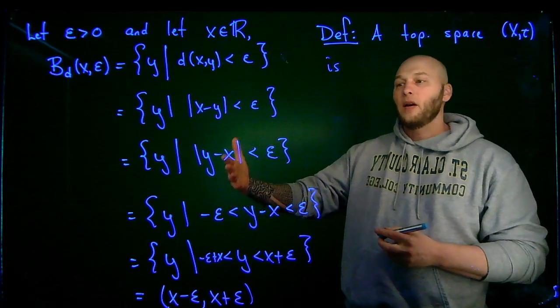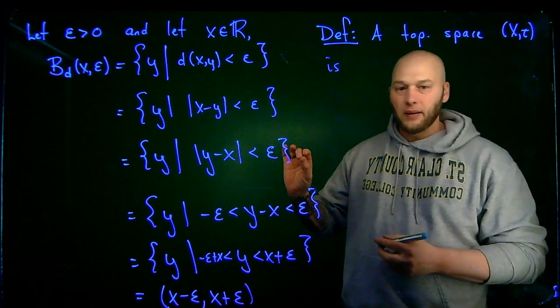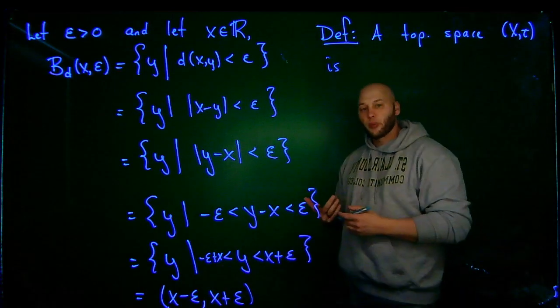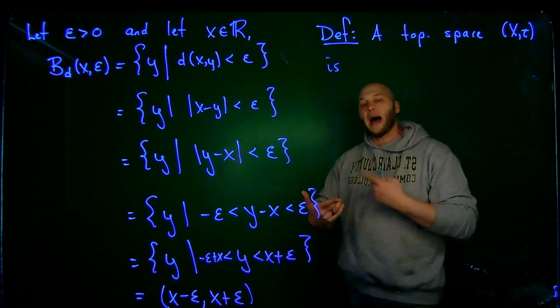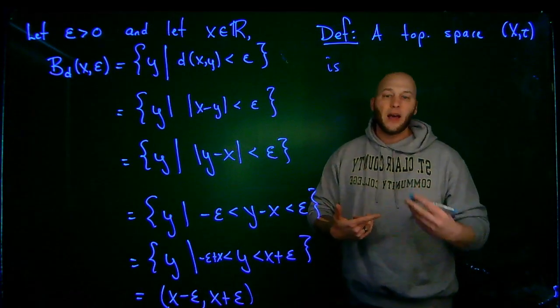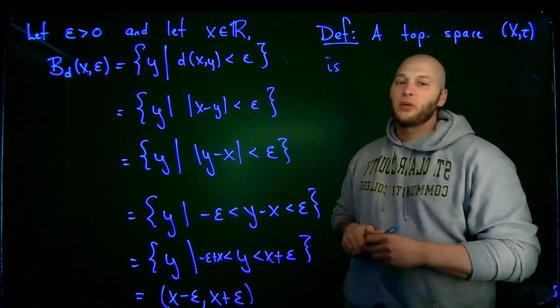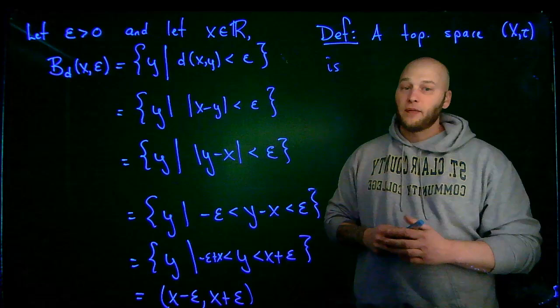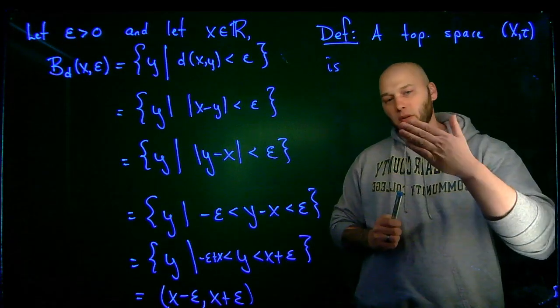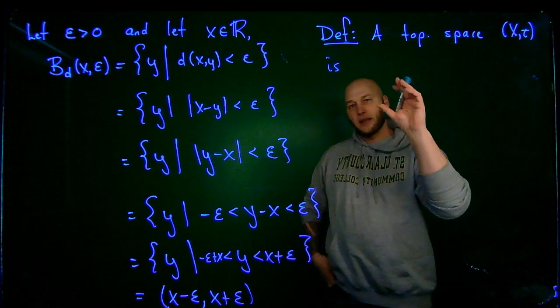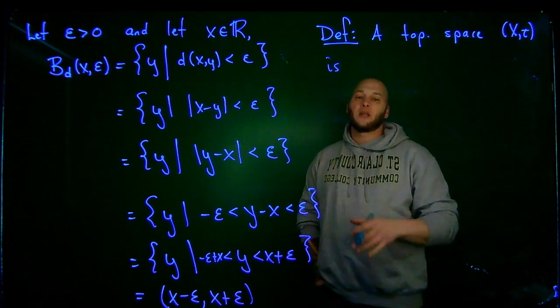So I can generate a topology given a metric. What we are now going to briefly discuss is, what about the opposite direction? If I have a topology, is there a metric that would induce that? Certainly if I have a metric, I can have a topology, but if I have a topology, does it come from, or could it come from, a metric? And that's the concept of this definition, and then I'll do an example after that.